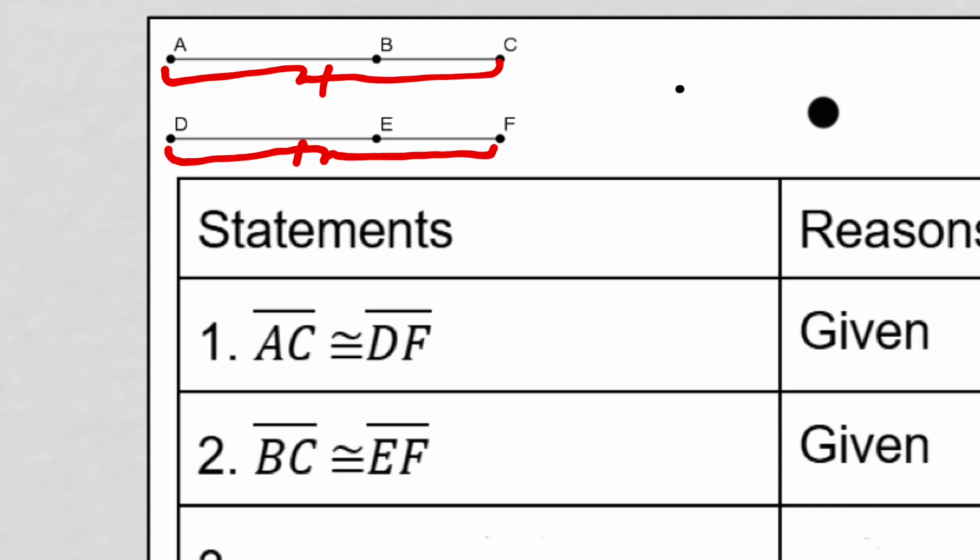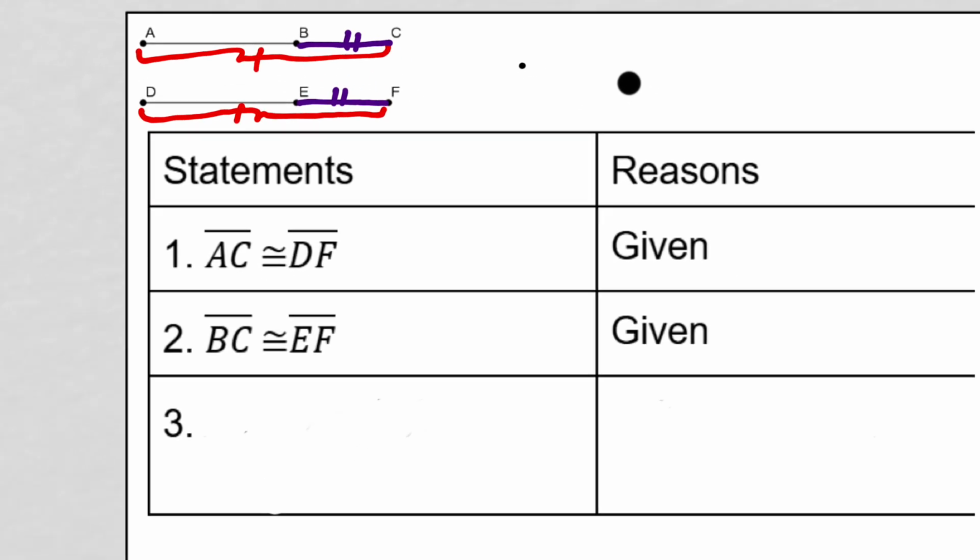So I kind of make this little curly braces thing and put a mark on it to say those are equal. And I also am given that BC is congruent to EF. And the conclusion we'll eventually get to is that the other piece, AB, is congruent to DE.